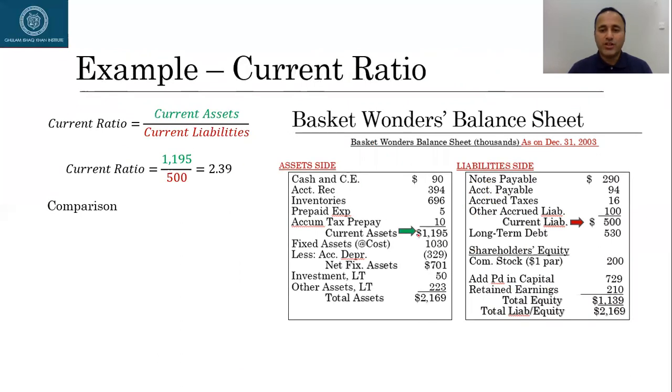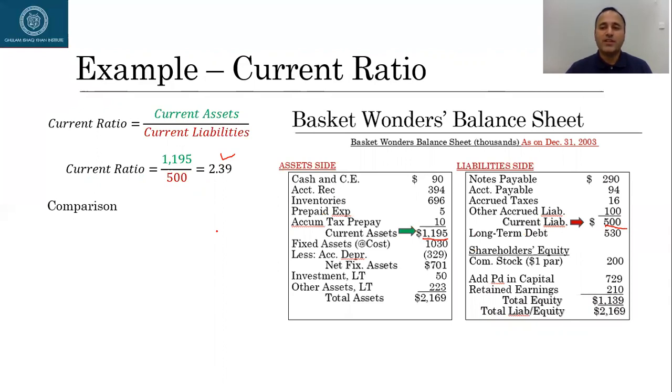In this situation, current assets are $1,195 and current liabilities are $500. So the current ratio is 2.39, which means that Basket Funders has $2.39 in current assets to pay $1 of current liabilities.